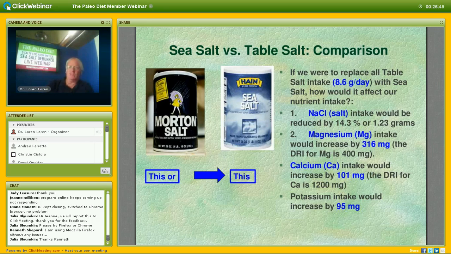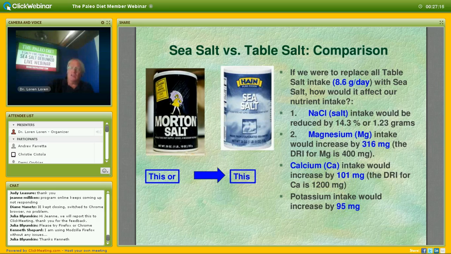Calcium intake would increase by about 100 milligrams, and this would slightly add to the recommended intake, but I'll show you in a minute that it actually physiologically worsens what happens to calcium metabolism in our body. Potassium intake would increase by 95 milligrams, but actually this much sodium in the diet would worsen the potassium balance physiologically. So at least on paper, it looks like it might be a better choice to do sea salt.